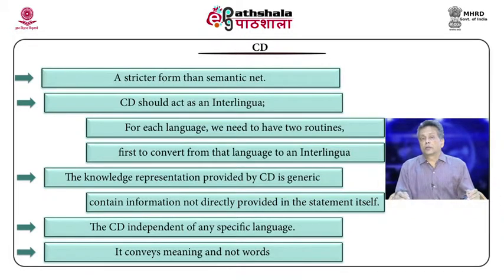The other important thing about CD is that it captures the meaning of a statement rather than just showing links about the words used in the statement, rather than providing a superficial understanding of what the statement is about. It talks about the meaning the statement carries.